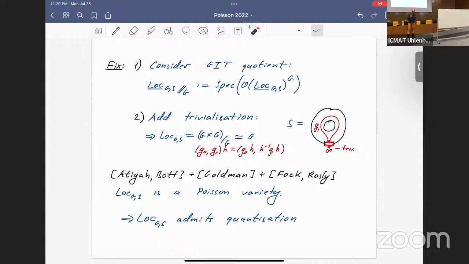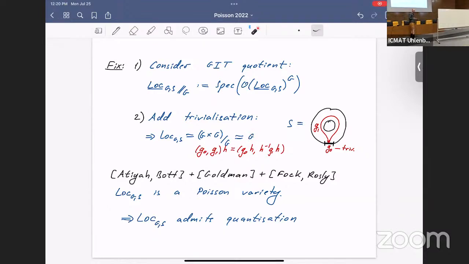So we have G worth of trivializations, and then we have G worth of homomorphisms from pi1 to our group G. And now as we mod out by G, the way our gauge group acts, so this is an element of the gauge group H, it acts by right multiplication on the trivialization, and then by conjugation on the monodromy. Well, all right, since it acts by right multiplication, we can just mod out by this section and just get a group G.